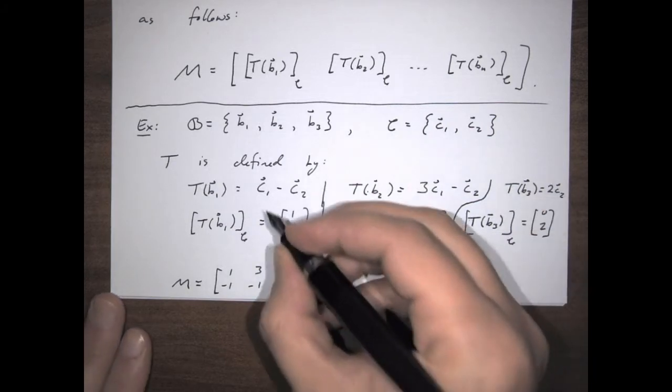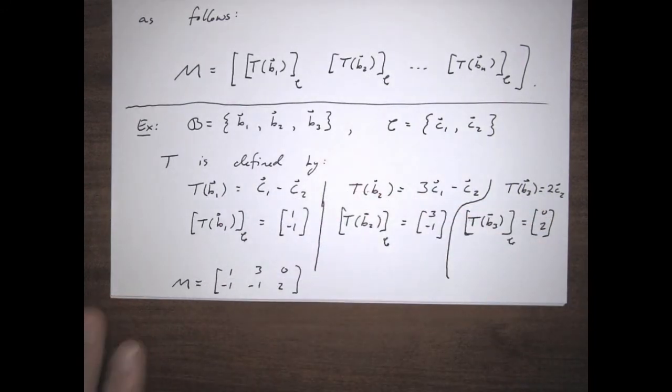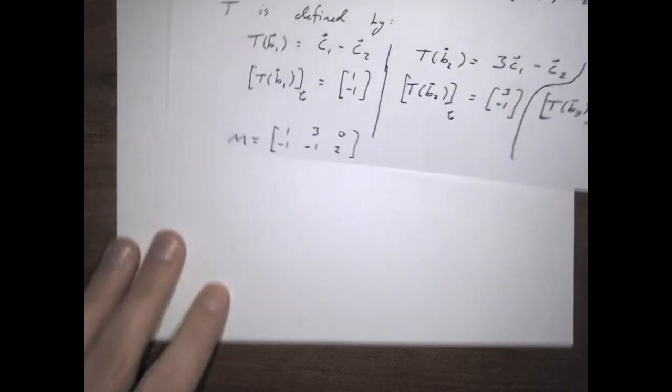You would just express each of these as coordinate vectors, and those coordinate vectors in turn would go into making the columns of M. Now this is sort of the most abstract or general formulation of this, but what's going to happen more frequently in practice is that we'll be talking about a transformation not from one vector space to some different vector space, but more frequently just from one vector space to itself. So, note.